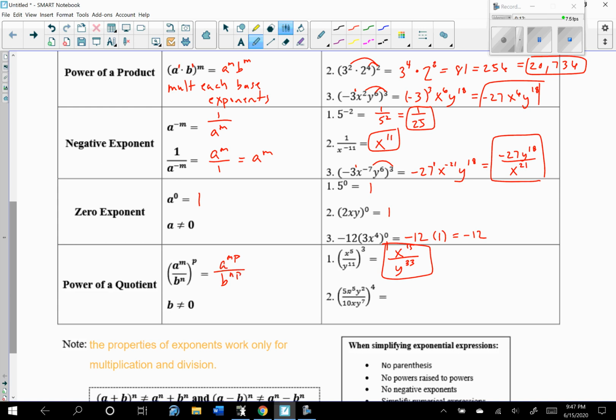I like to simplify what's on the inside because it makes simplifying the problem easier, so I'm going to go ahead and do that first. So 5 over 10 we know is equal to 1/2. And then we have x to the 5th over x. So when you subtract these exponents, you would get x to the 5 minus 1, which is 4.